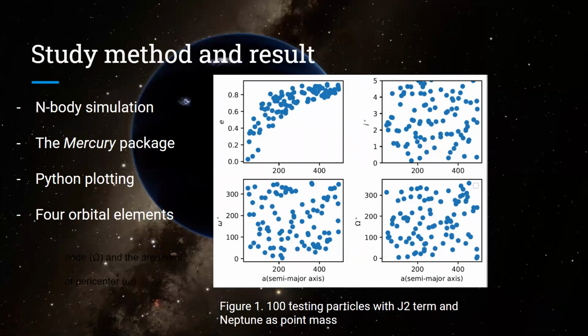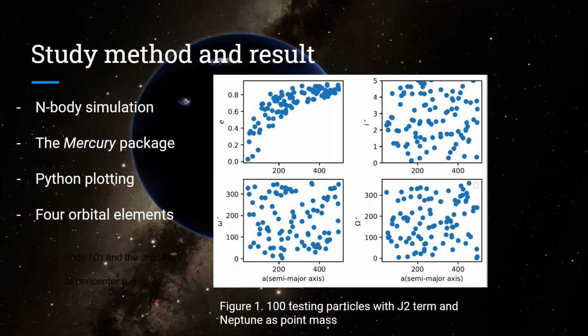In the integration simulation tool Mercury, we have a big perturber and 100 small testing particles. During each simulation, we use different conditions, such as the perturber being only the Neptunian effect, or the perturber being the J2 term and the galactic tidal force, or the perturber being the galactic tidal force and the Planet 9 effect. You can see that there are many combinations of those factors.